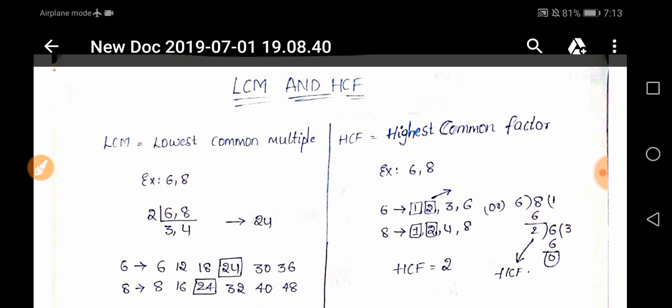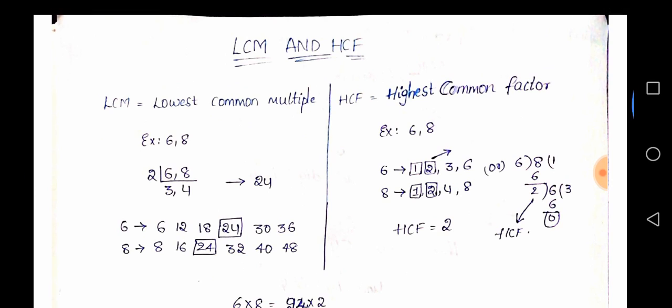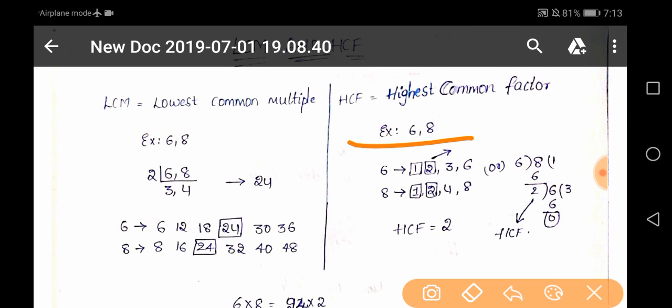And coming to the HCF of 6 and 8. What is an HCF? If we take 6, here we have taken the 6 table, but here we don't take the 6 table. We take the factors of 6, which divide it: 1, 2, 3 and 6, as well as the factors of 8.